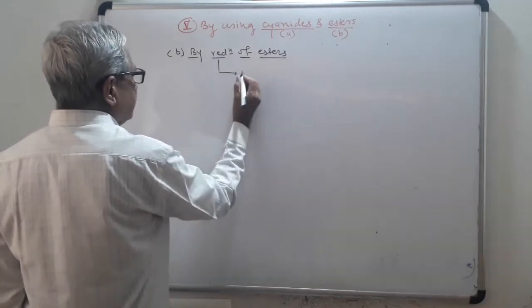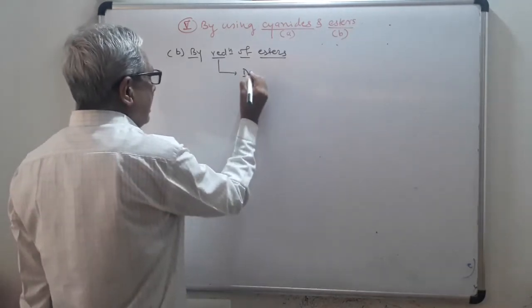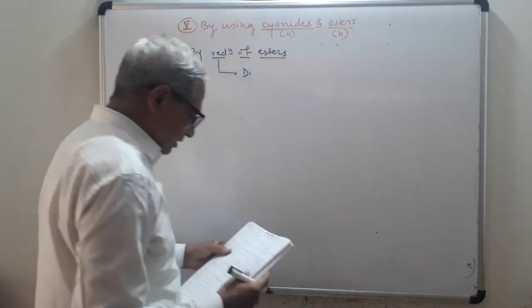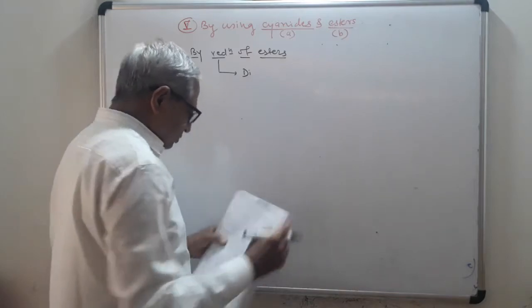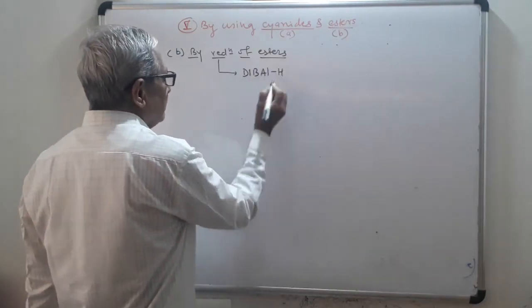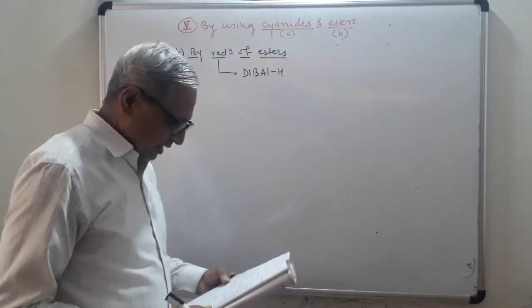Again, the reagent used for reduction is diisobutyl aluminum hydride. I have given the structure of that one.